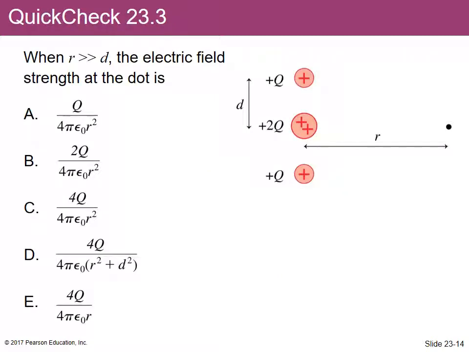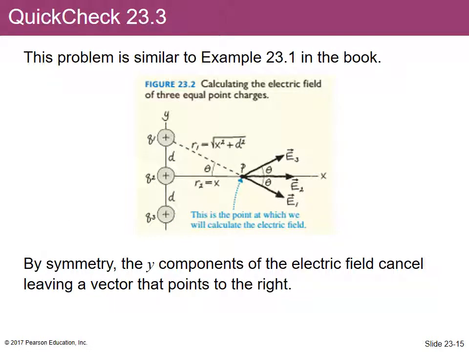When R is much greater than D, the electric field strength at the dot is... This problem is similar to example 23.1 in the book. By symmetry, the y components of the electric field cancel, leaving a vector that points to the right.